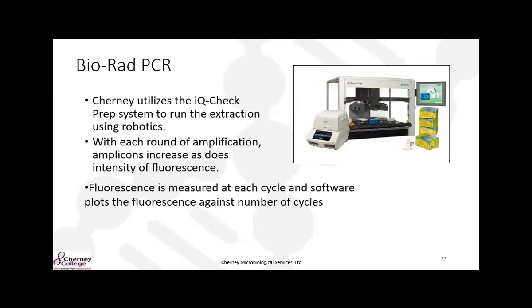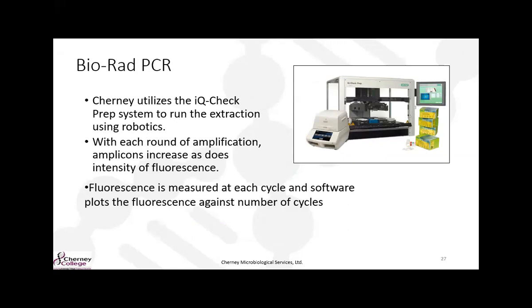Like I said, here at Cherney, we use a Bio-Rad IQ-Check Prep system. It runs the extraction using robotics. It's very handy. Our technicians back there love it because it's hands-off: the robot does the work for you. It'll pipette out your samples, your reagents, your primers and probes, and all of that.